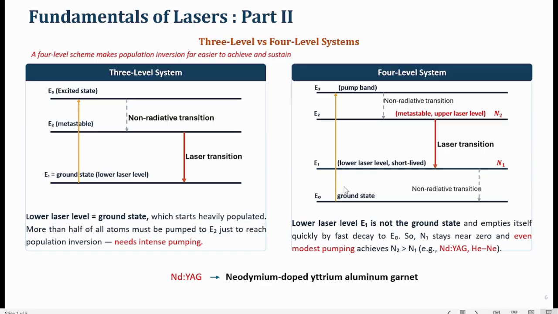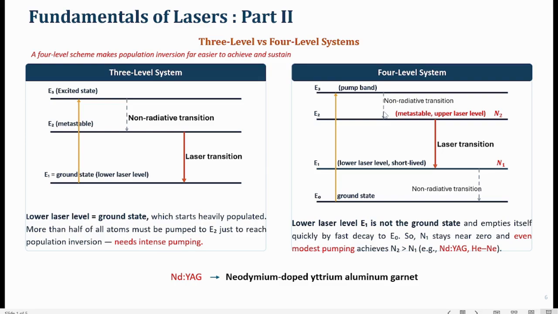In this 4-level energy system, E0 is representing the ground state, and E1, E2, E3 are the 3 excited states. By pumping, atoms from the ground state are raised to the uppermost excited level E3, and since this is an excited state, atoms will stay there only for about 10 raised to the power minus 8 seconds.